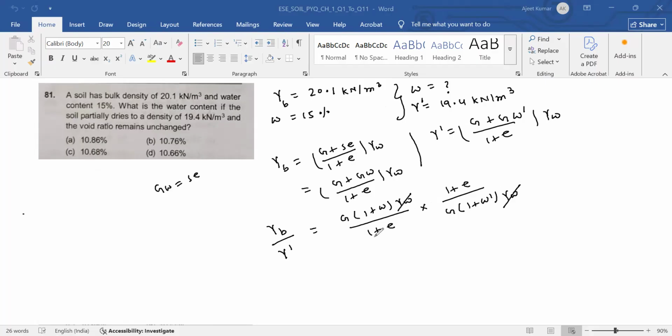So gamma w cancels out, 1 plus e cancels out, G and G cancel out. This is (1 plus w) divided by (1 plus w prime).